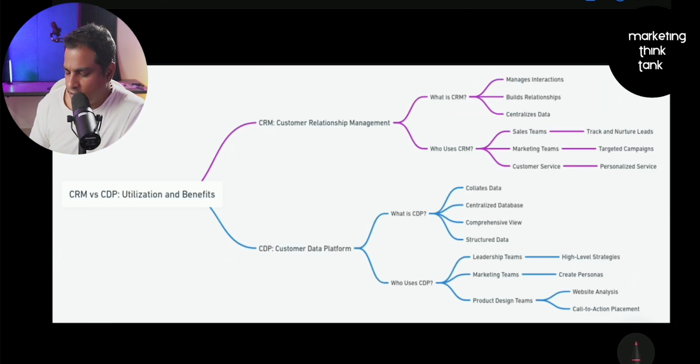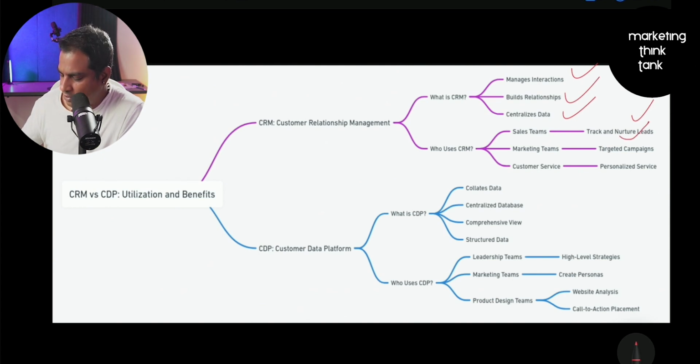The bigger picture is how these are used and what benefits they bring to your business. We have understood what a CRM and a CDP are, so we will only be focusing on the advantages. A CRM manages interactions, builds relationships, and centralizes all the data in one place. It is typically used by the sales team to nurture leads.